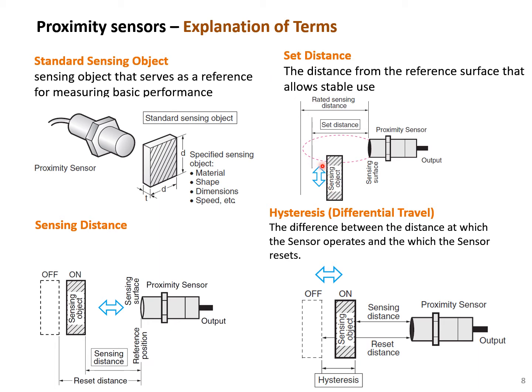So you see that this is basically the vertical distance, and once we are within the set distance, we have stable use and the sensor can reliably and persistently find the sensing object. Hysteresis, or differential travel, is the difference between the distance at which the sensor operates and the distance at which the sensor resets.